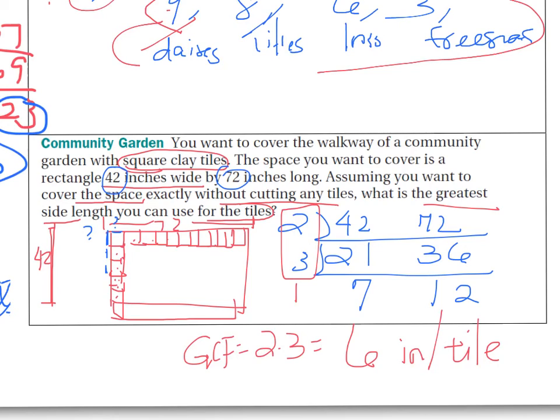Okay? This number tells me I need 7 square tiles for my width, and then 12 square tiles for my length, and then they are 6 inches, okay, per tile. And then that's it.